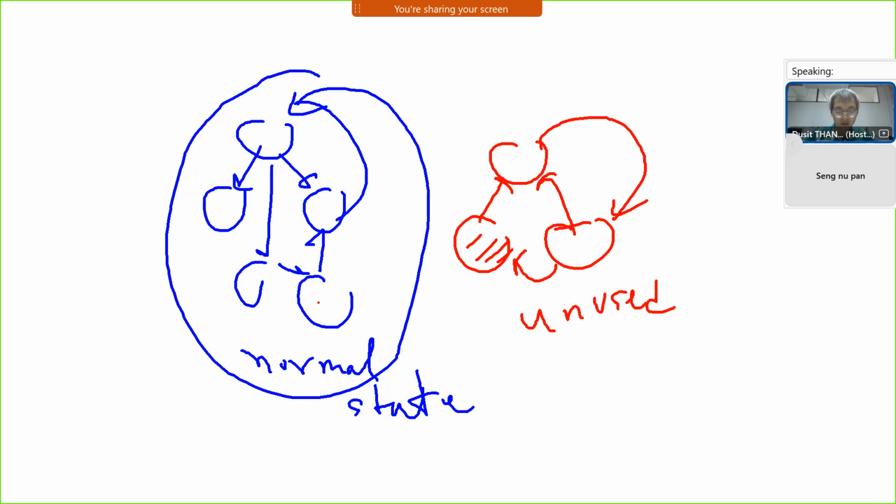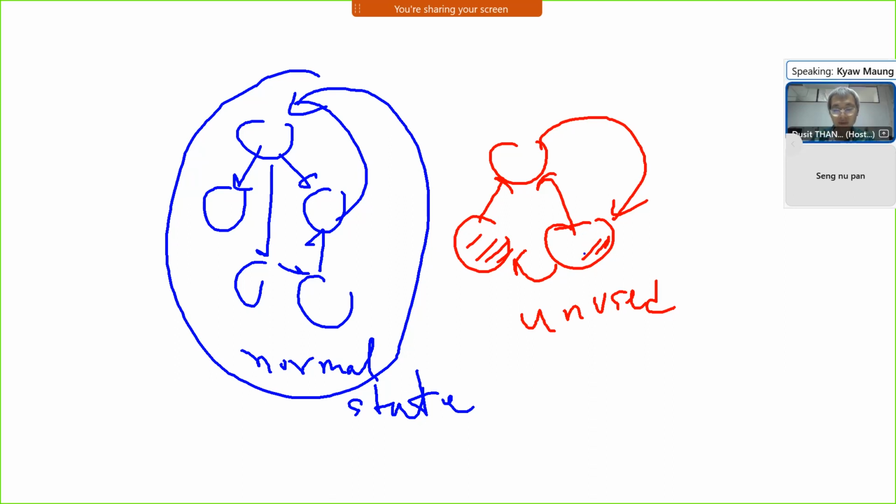Something like when you use a computer or your smartphone, sometimes it freezes or hangs, right? You cannot do anything. You must restart. This is the situation if the next state of an unused state is an unused state. Okay?